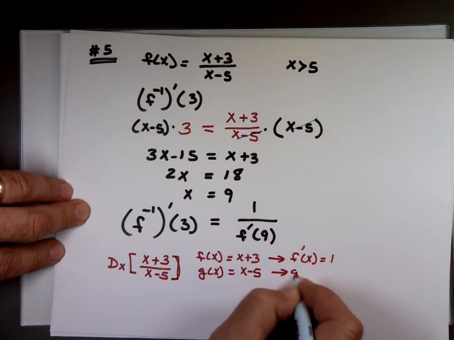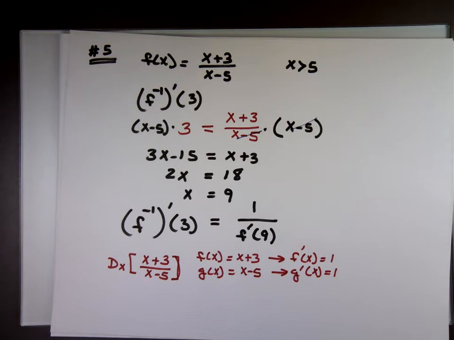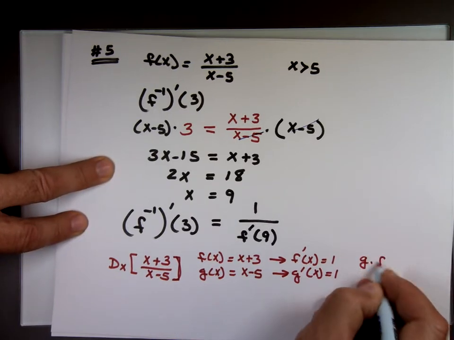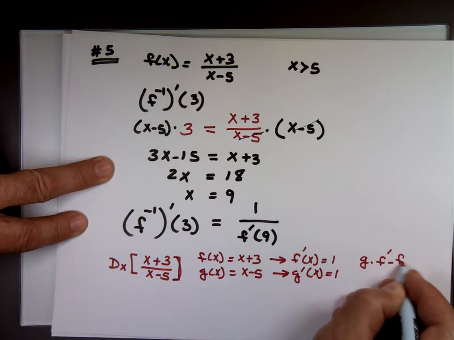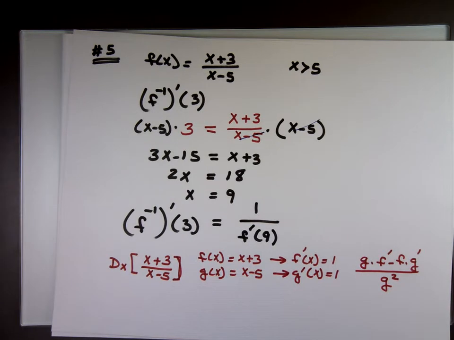Derivative g is also 1. The quotient rule says what? It's g times f prime minus f times g prime over g squared. That's your quotient rule. Plug them in.